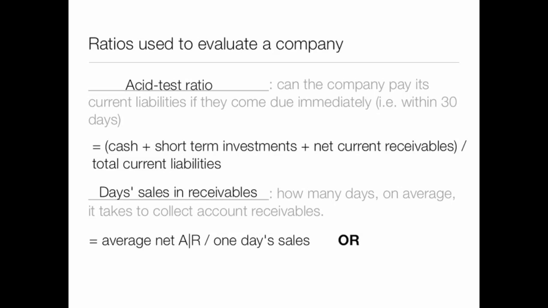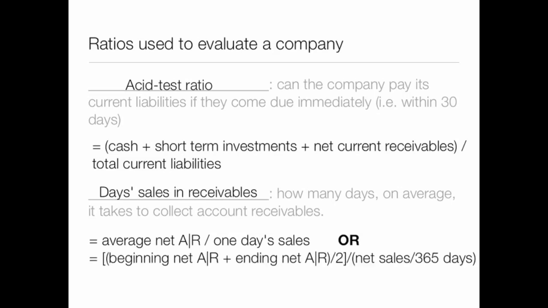Or, if we break that down into smaller pieces, it's your beginning net accounts receivable plus your ending net accounts receivable, those two added together, divide that by 2, and then all of that is your numerator, and then divide all of that by net sales divided by 365 days. And that will tell us how many days it takes to collect accounts receivable. Of course, the smaller this number, the better.